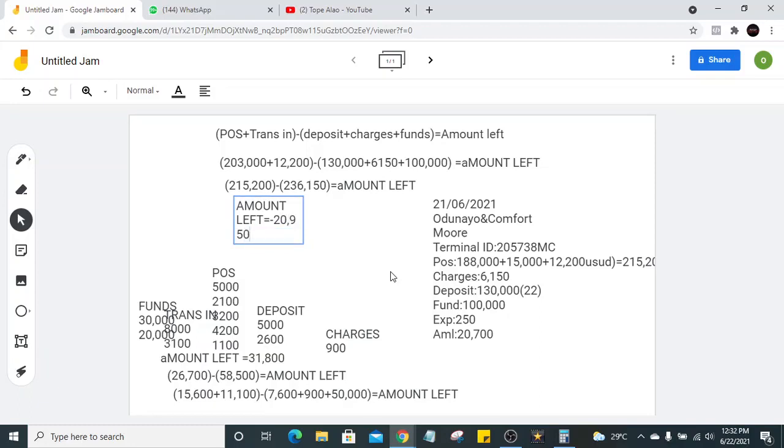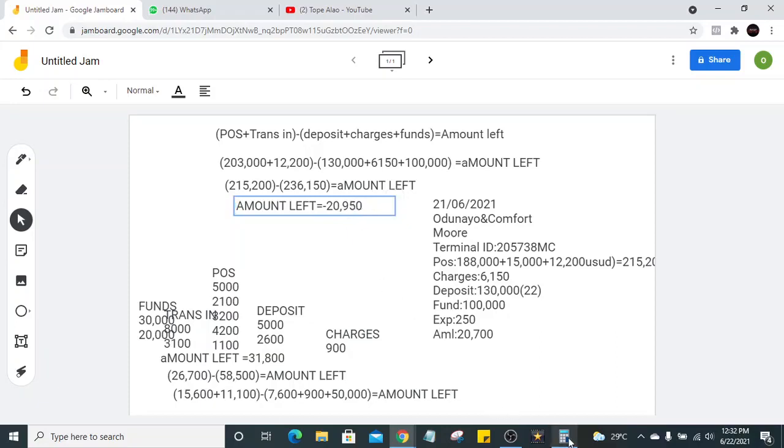As I said earlier, since I put employee there, I'm assuming what this means is that she's owing me 20,950. But you can see she said her expenses, maybe she bought something, is 250. So you remove the 250 from this.